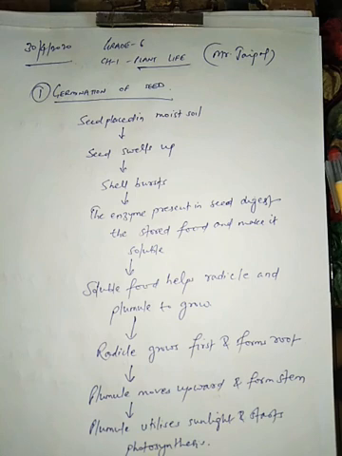A seed germinates in different environments according to the presence of some factors, like the seed requires proper soil, proper temperature, proper supply of air, proper supply of water, and pH of the soil.